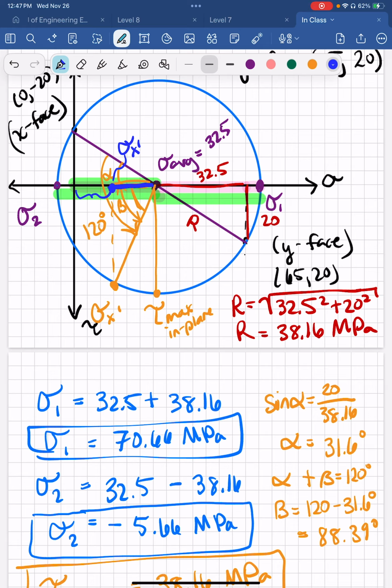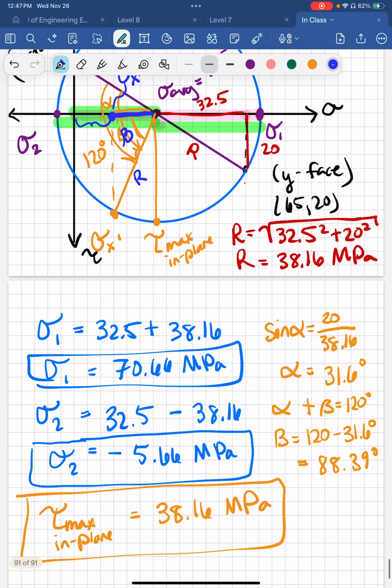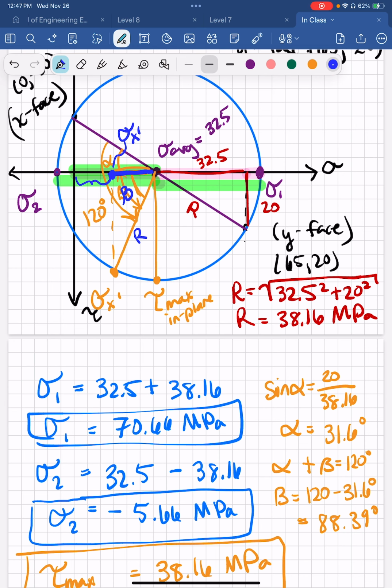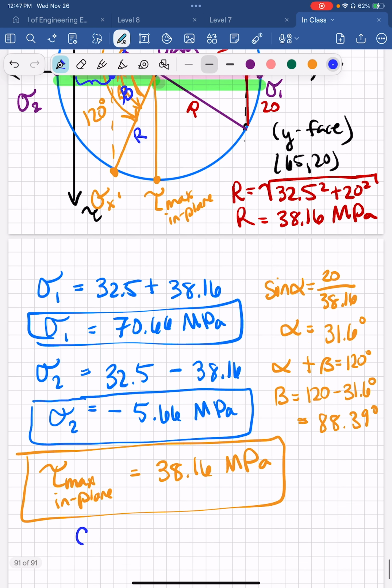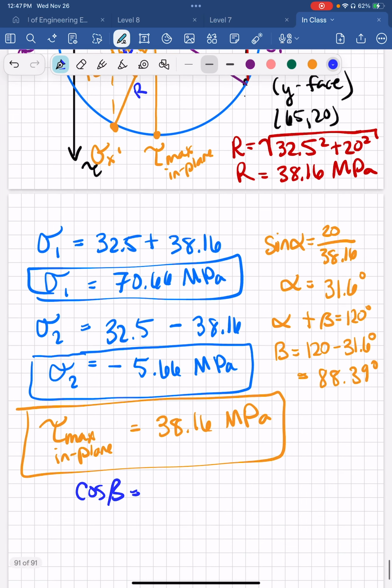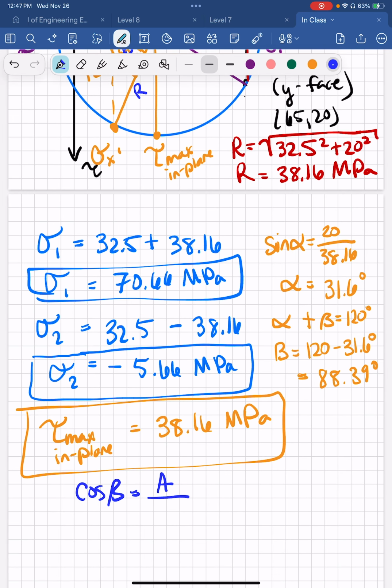But now that we know beta, we know this radius. So cosine of beta is going to equal the adjacent over the hypotenuse. I'll just call the adjacent A. So cosine of beta is going to equal A over the hypotenuse, which is the R, so 38.16.